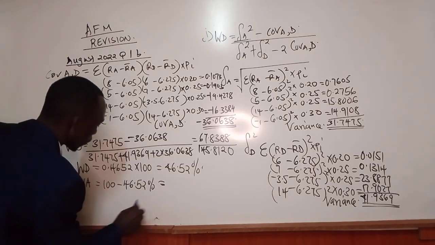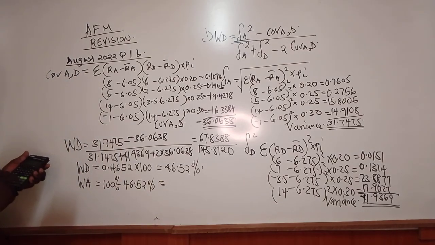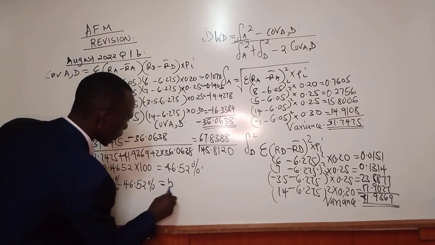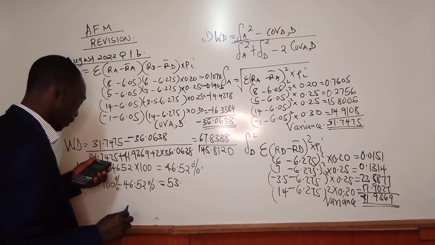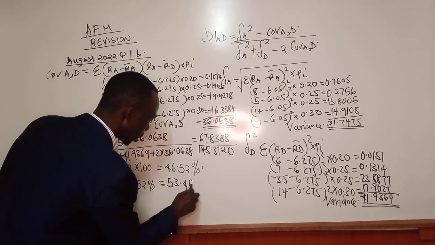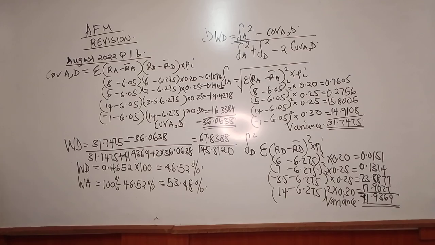Then from there, our weight of A will be 100 minus 46.52%. So in this case, how much are you gonna get? So it is 1 minus the answer times 100. So in this case, we will get 53.48%. So those are the weights.